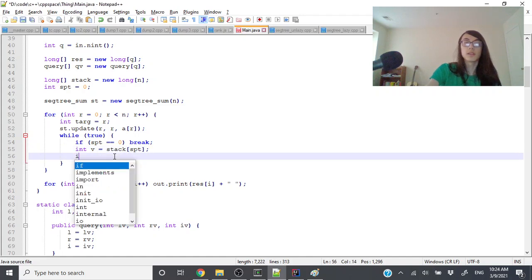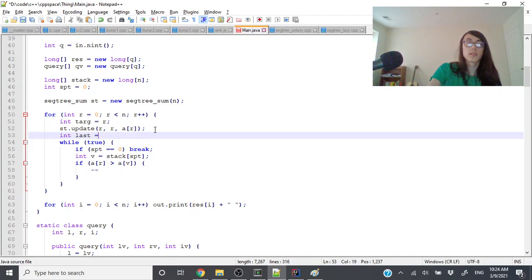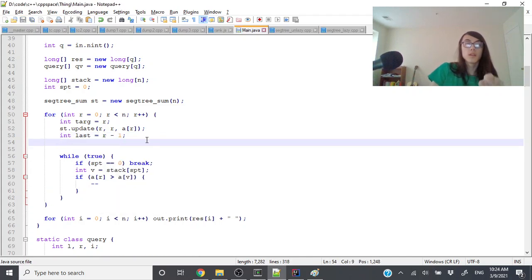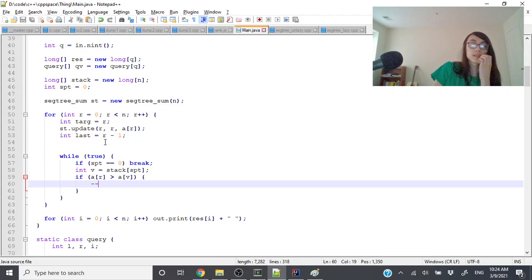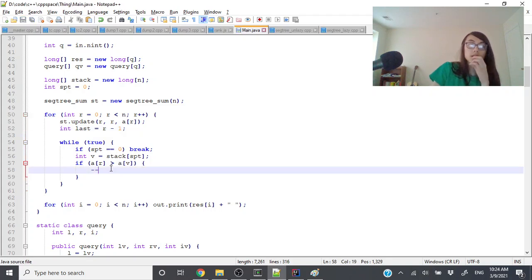All right, so if AR is greater than AV, then we remove V from the stack, minus. Actually, this should be targ. So if, actually it should be R, I guess. Don't know when we need a targ. So if AR is greater than AV, then we remove V from the stack, essentially. So minus s point.